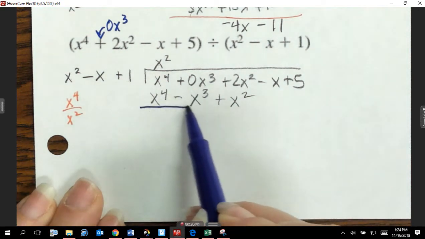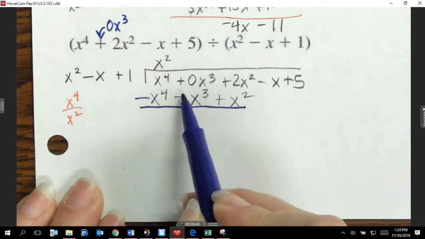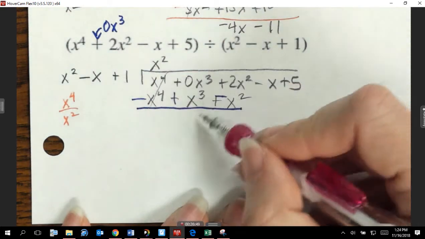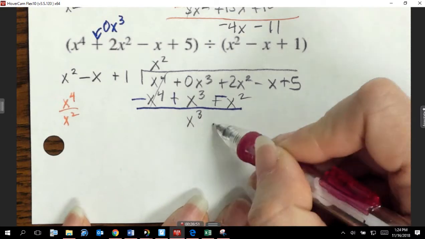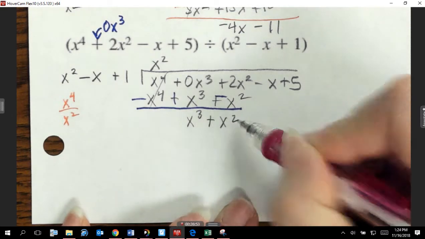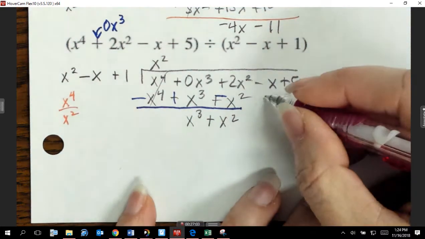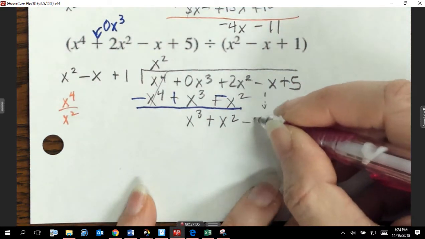So if I draw the line, I should change my signs. Then I can just add them. And then we bring it on down, and bring it on down to minus x.